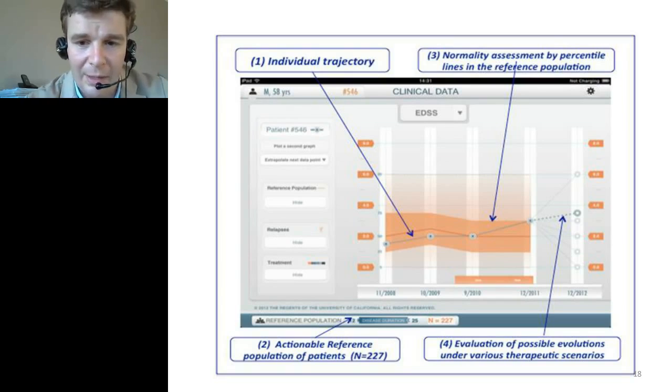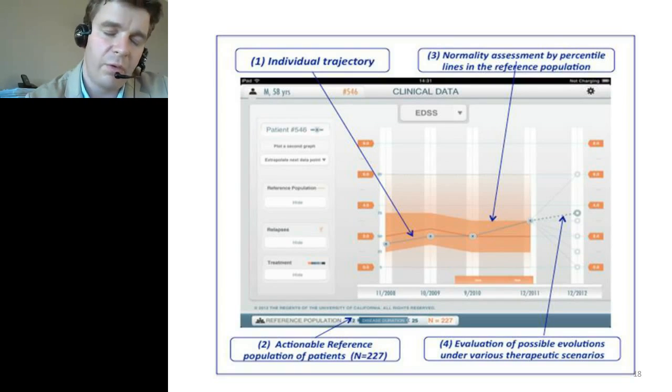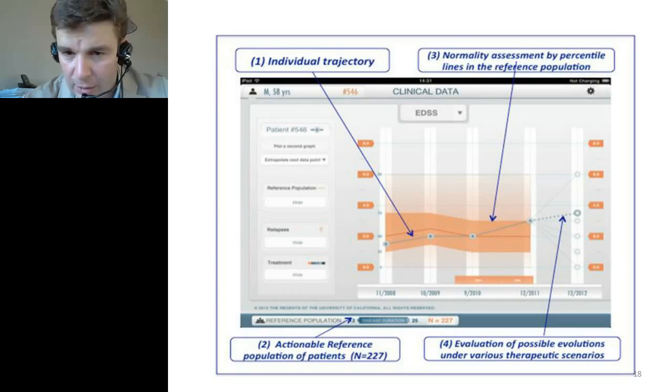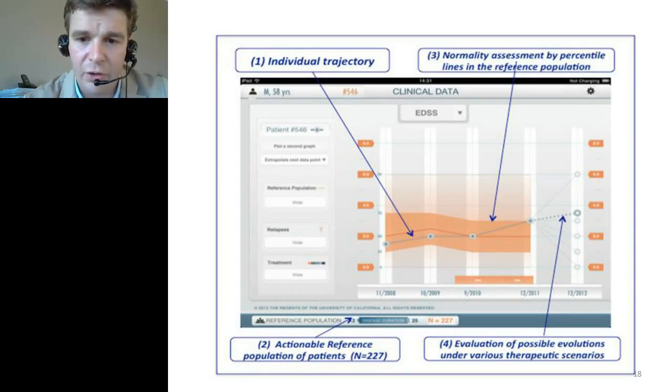So basically, patients with the same disease duration. And from this reference set of patients, we're computing the orange background, which provides a normality assessment, and that's the search feature that I wanted to stress on that screen. And the solid orange line represents the median of the patients in the reference group. And you also have the two quartiles, the first and the third quartile, that show you where most of the trajectories are.